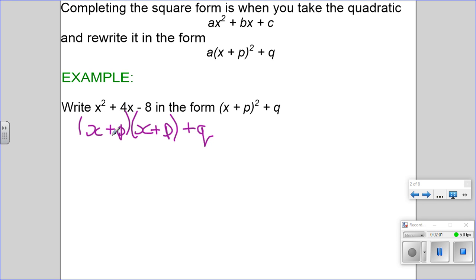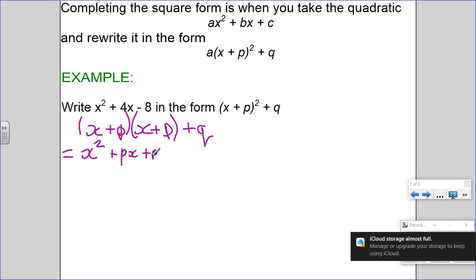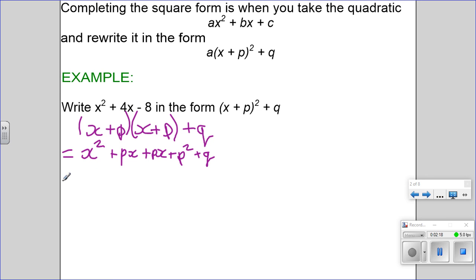Okay, so (x plus p) times (x plus p), we multiply out those brackets, we'll get x squared plus px plus another px plus p squared plus q.